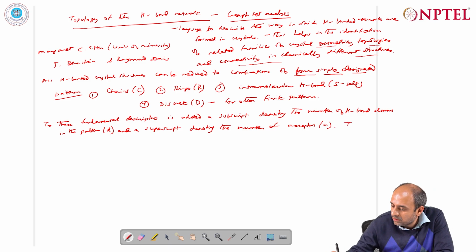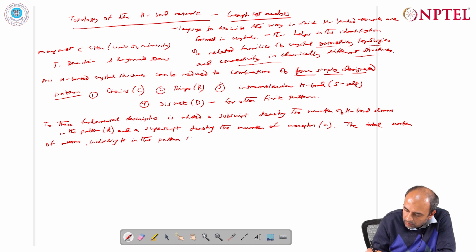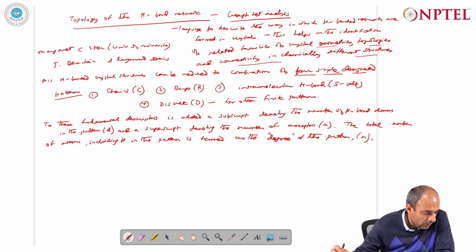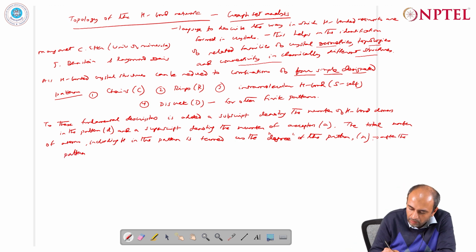The total number of atoms including hydrogen in the pattern is termed the degree of the pattern and symbolically written as N, and this is also given in brackets after the pattern descriptor.